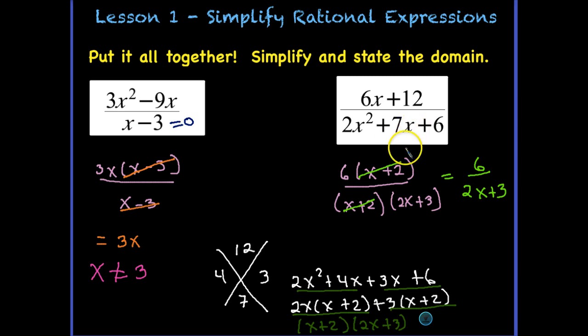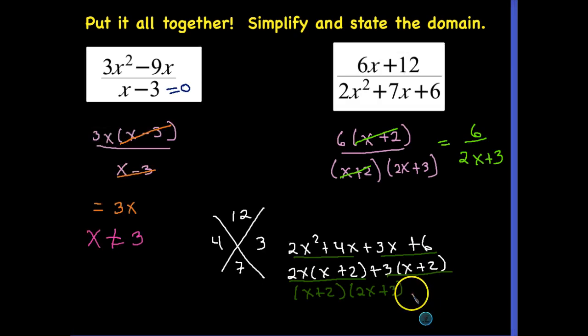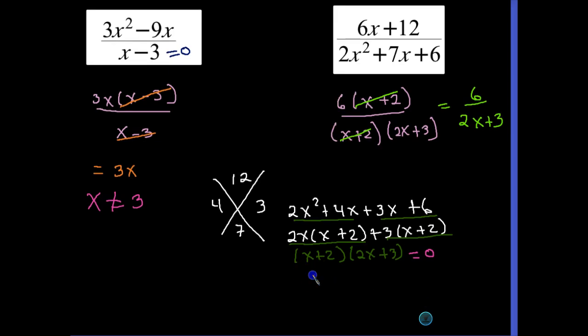In our second one, we've already factored it into x plus 2 and 2x plus 3. So if we want to know what's going to make this be equal to 0, remember that all we have to do is take each factor, set it equal to 0, and solve. So if we set x plus 2 equals 0, x will be negative 2. So x cannot equal negative 2. In our second one, we have 2x plus 3.